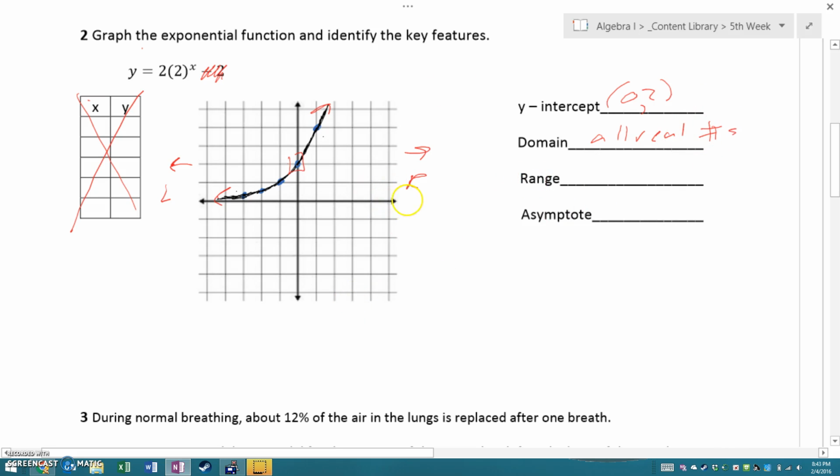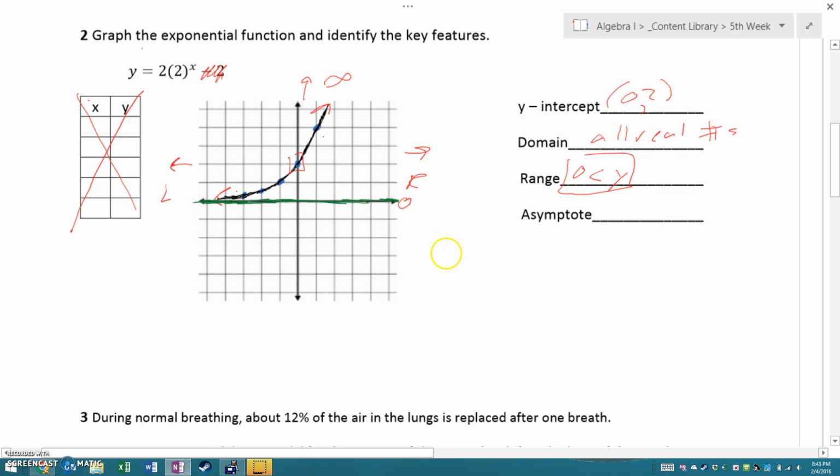And the range, because it can't go below 0, is going to go from 0 up on to infinity up at the top. So that's going to be my range. The asymptote, just to kind of remind you, the asymptote is the line or the value that you cannot equal or you cannot cross.